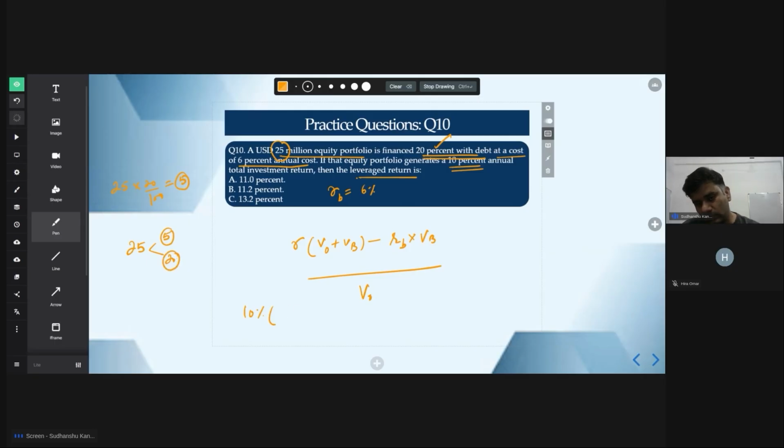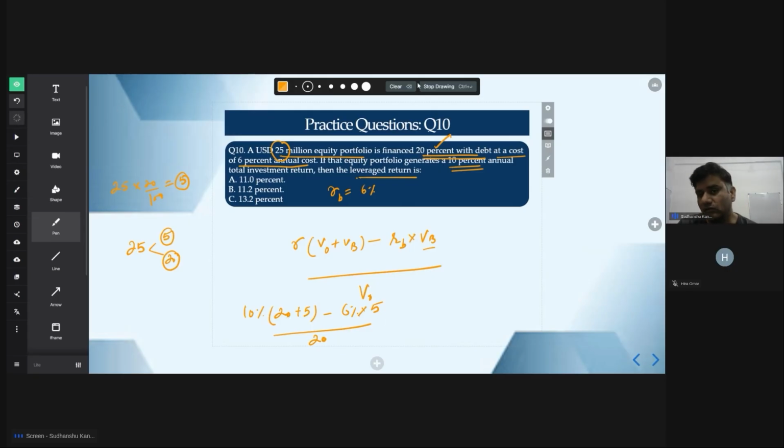So V naught is 20, VB is 5, RB is your 6% cost, and VB is the amount which is borrowed, which is 5, and the original amount is 20, V naught. So this is one way to solve.